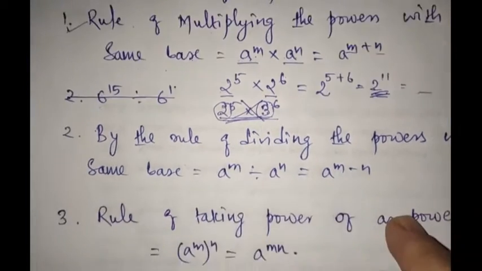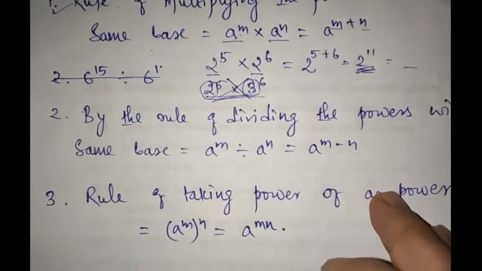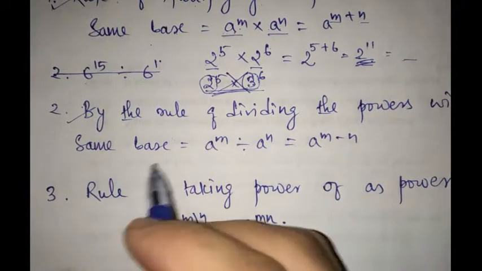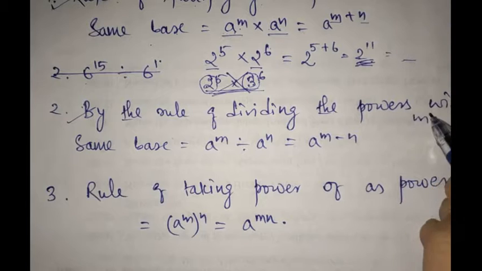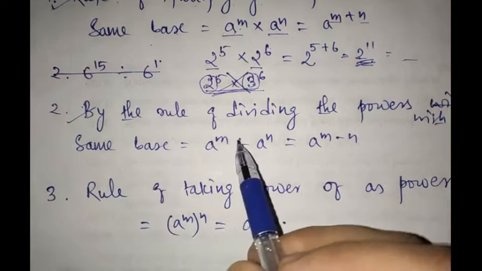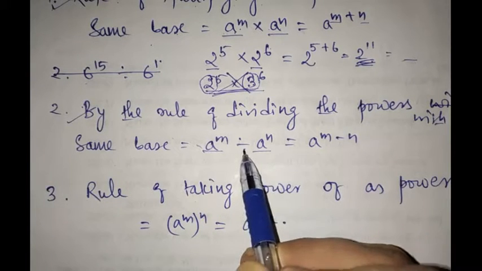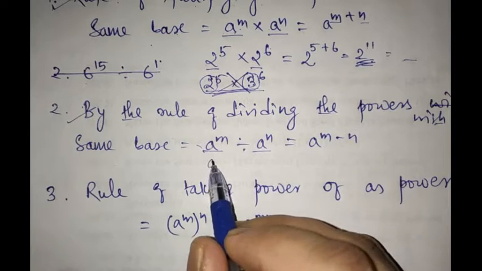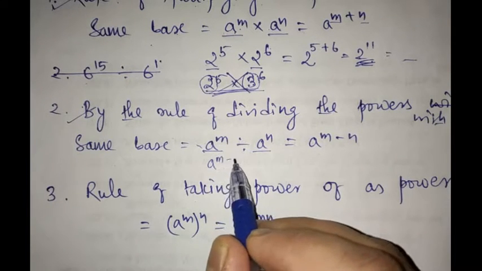So moving on to the next rule, we have number 2, the rule of dividing the powers with the same base. If you have the same base and instead of multiplication you have the division sign, then what you are going to do is a to the power m minus n.